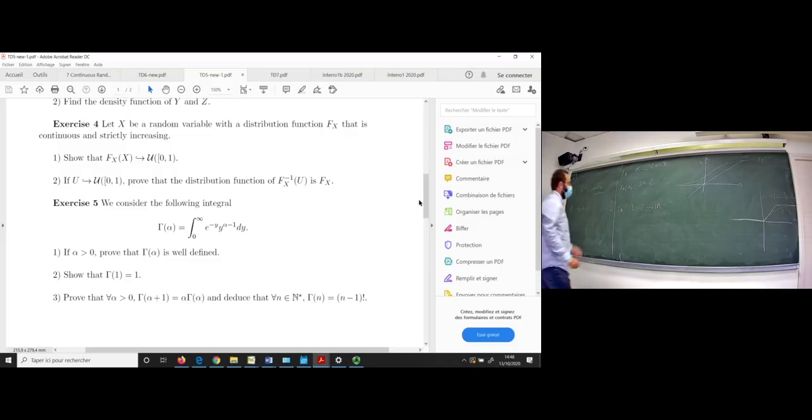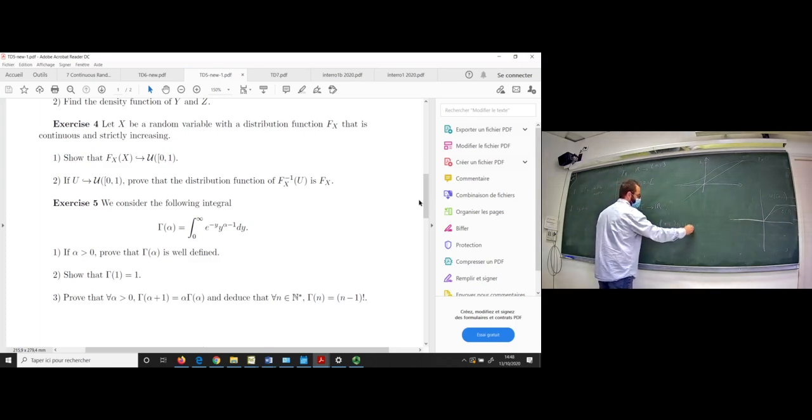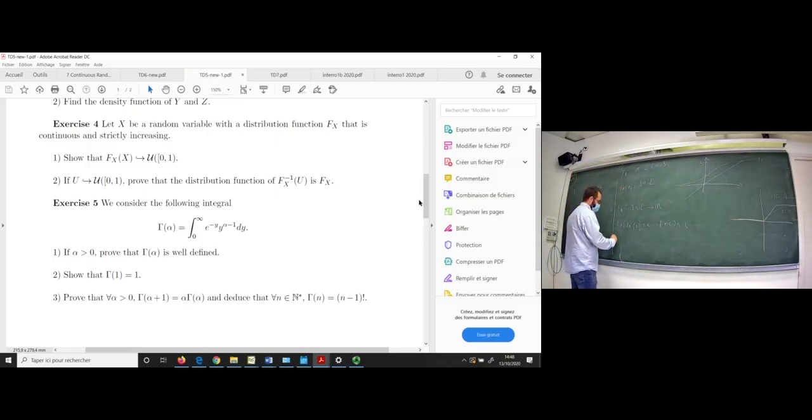With the classical things that I have: F_X of F_X^{-1}(x) is equal to x if x belongs to (0,1), by definition of the inverse, and F_X^{-1}(F_X(x)) is equal to x for all x belonging to R. It's the definition of the inverse.